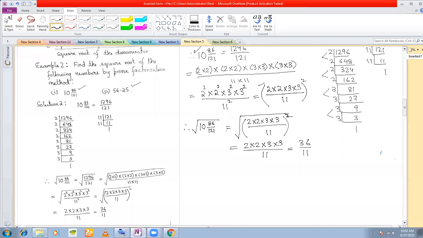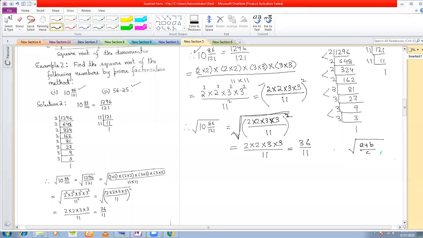Now remember, when you have a square root here and you have multiplication signs only within this, only then you will be able to remove the square root. Otherwise, if you have a plus sign within a square root this way, then you will not be able to remove the square root. Remember this. You had a plus sign and you also had a whole square.